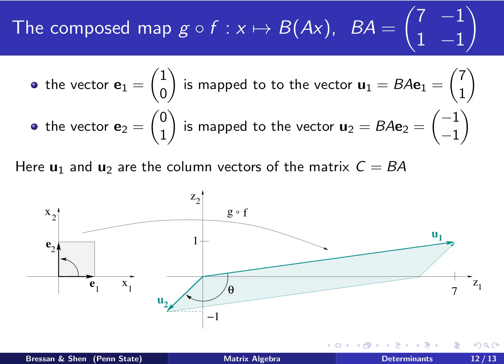So U1 is right here. And then the second vector, 0, 1, E2 here, is being mapped to the second column, negative 1, 1, which will be U2 here. So this unit square is being mapped to this parallelogram in the Z coordinate.